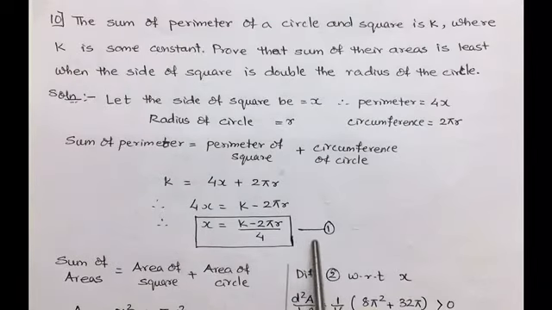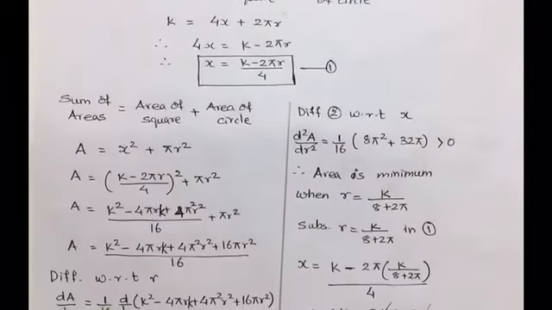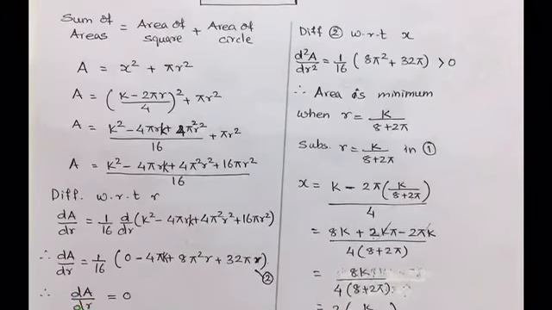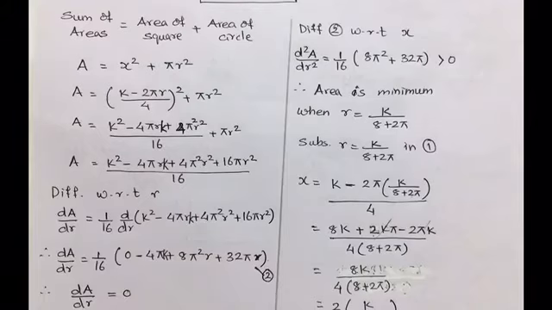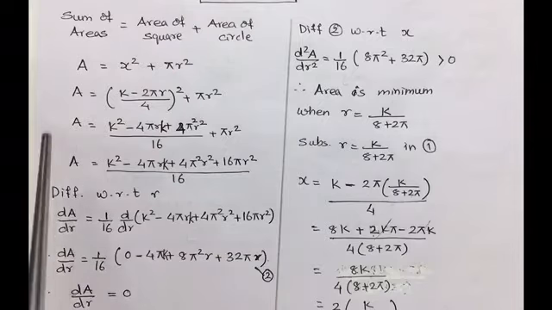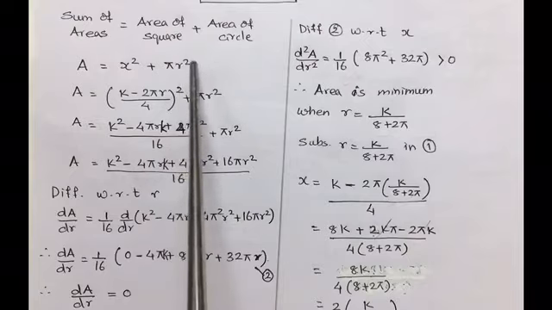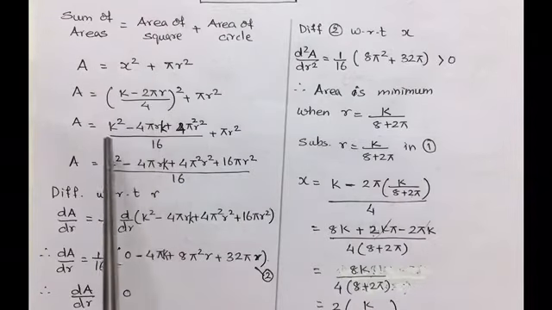Now going for taking the total area of both, that is area of square plus area of circle, we get area of circle as pi r square and area of square as x square.